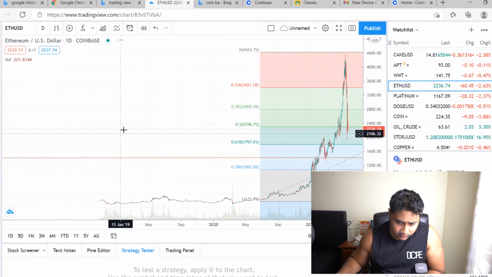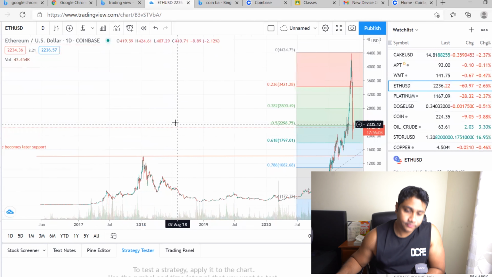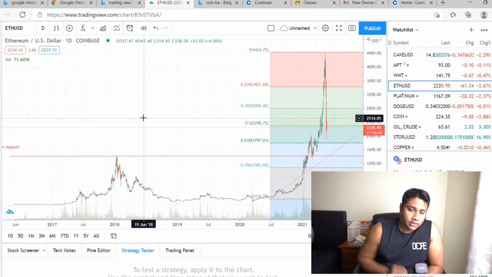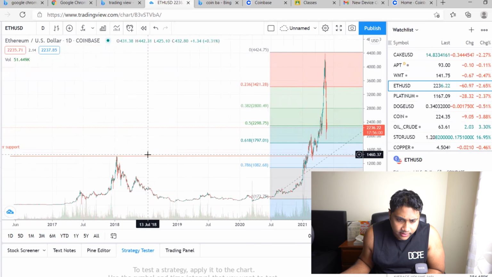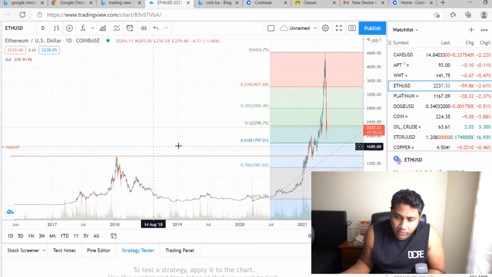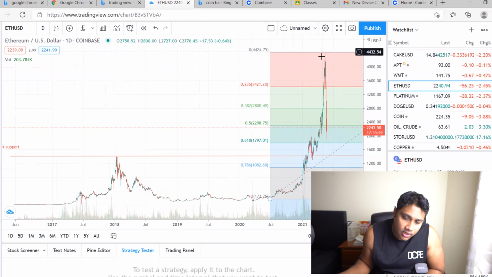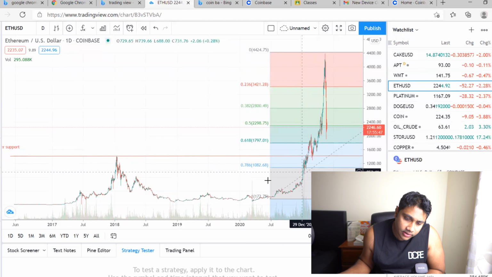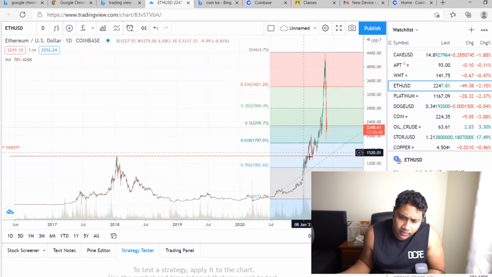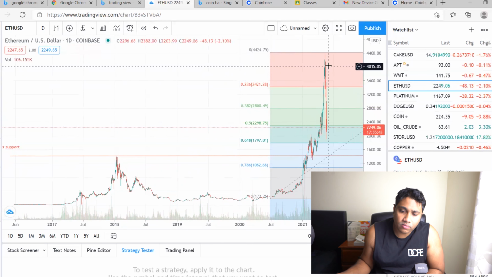Okay, this is the Ethereum scenario. The previous high in 2017 was $1,400. We obviously passed that. Now we are at $2,237. Look at that. Look at the beauty. It broke over here, a beautiful cup and handle, came down and boom, took off.